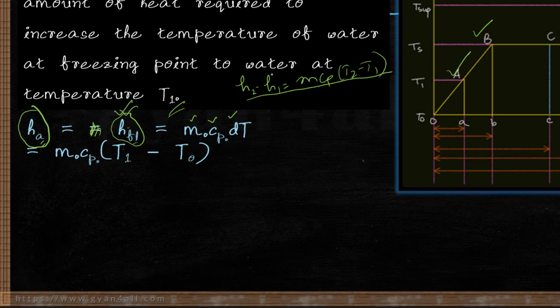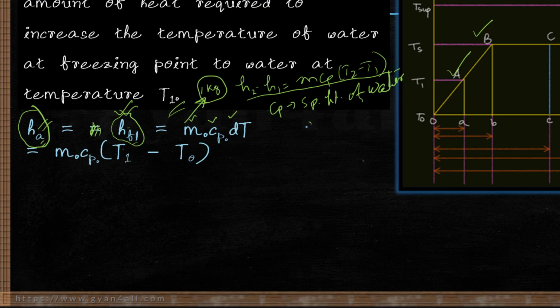Now, this HA means H2 minus H1 actually. Now, m is the mass, but in this case we consider it is always 1 kg, per kg of steam or per kg of water. Now, what is Cp here? Cp is the specific heat of water, since this is water, not air or gas.